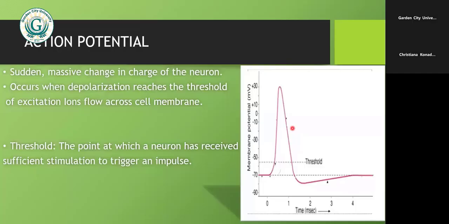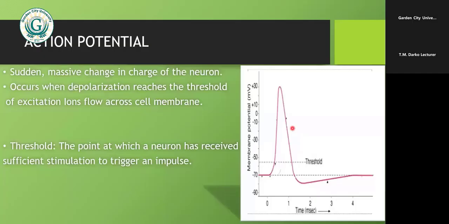True. Exactly. So these ions inside the cell are making the cell membrane negative. So therefore, if you have sodium entering into the cell, sodium will go and change the membrane potential, or it will go and neutralize the potassium, making the membrane potential more positive.